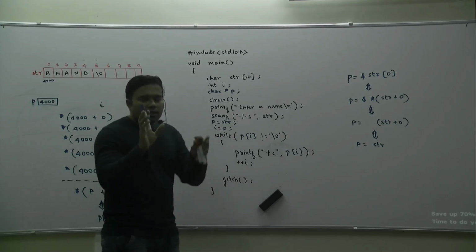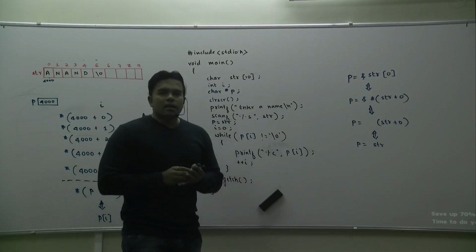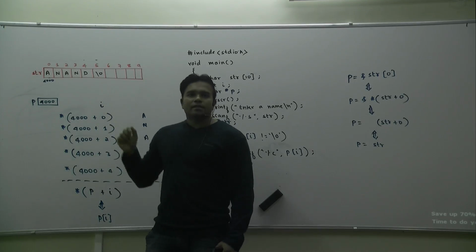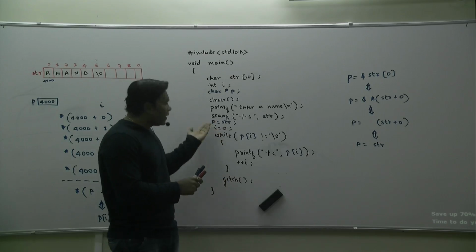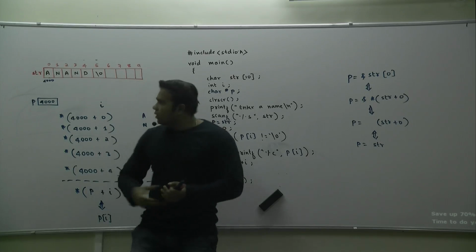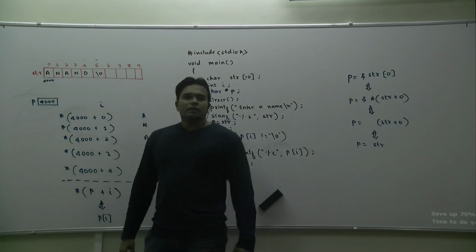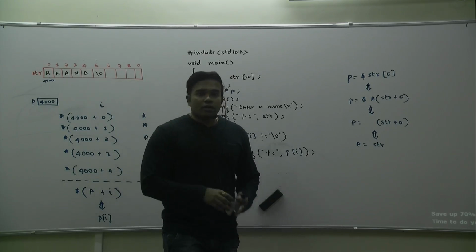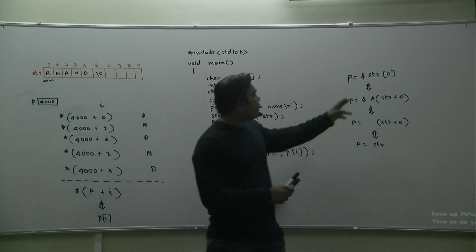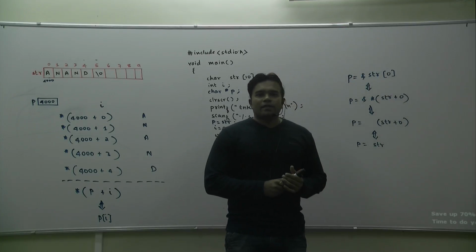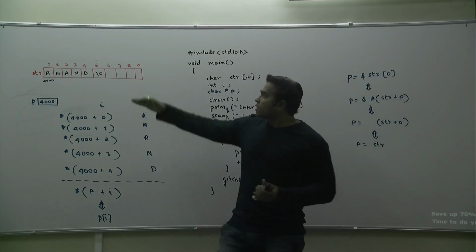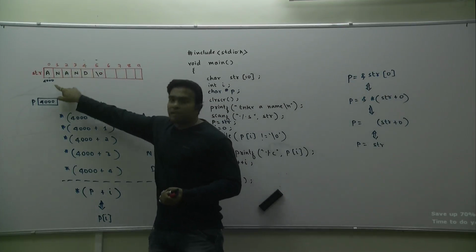What is str? Think logically. Str is the base address, 4000, and that 4000 only you are giving to P. Previously you got that 4000 by taking str of 0's address, which is A's address 4000.